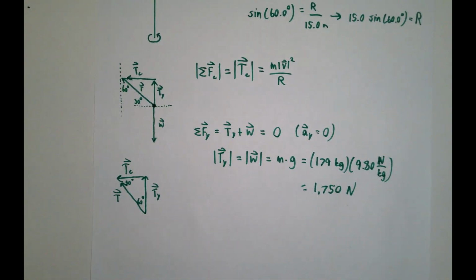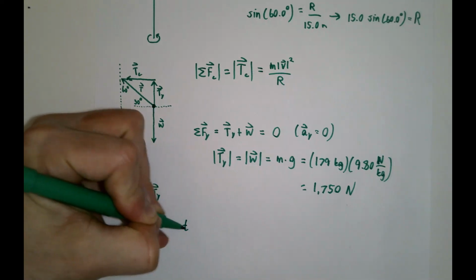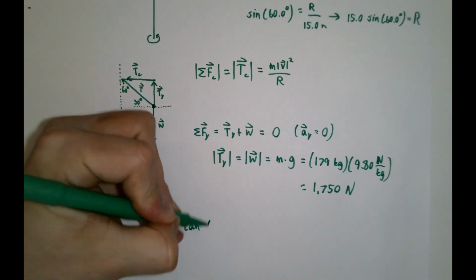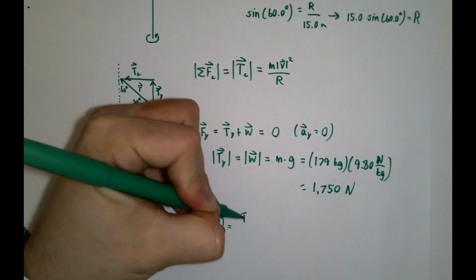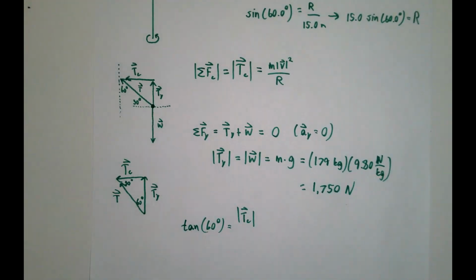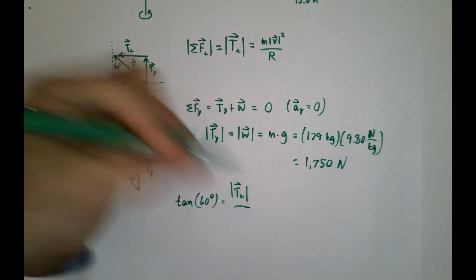To relate 60 degrees, tension in y, and centripetal tension, let's see, this is the opposite side, and that's the adjacent side. So I'm going to have to use tangent. Tangent of 60 degrees equals my opposite, which is tension in C, the magnitude of that force, divided by tension in y.